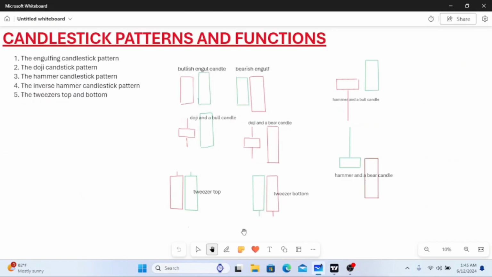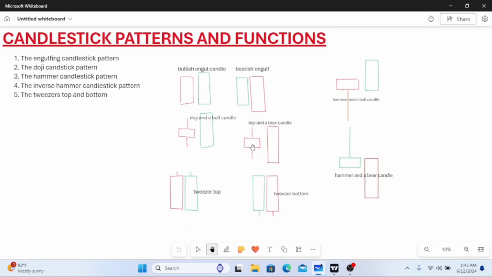So let's talk about the doji candlestick pattern. This candlestick pattern right here, you can see where the hand on my screen is placed, where my mouse is actually pointing. Right here, this candlestick pattern is the doji.